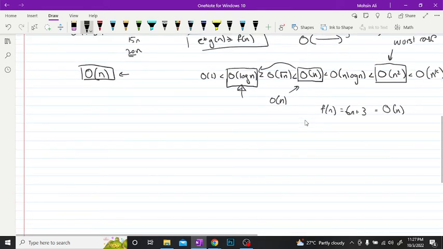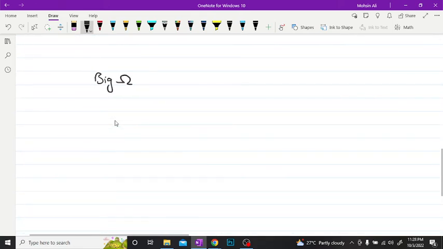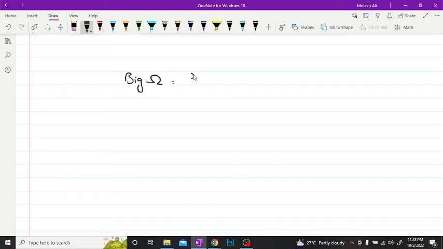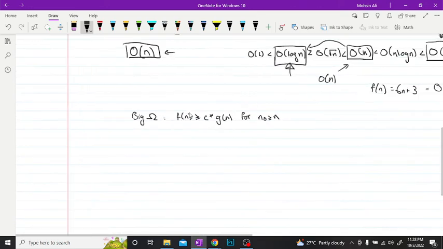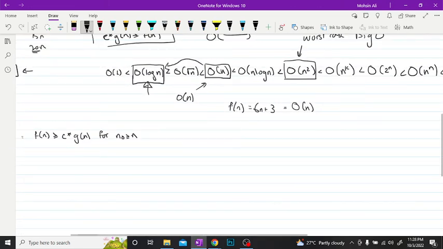Now, the concept of big omega is just the opposite of big O, and basically it says that f of n is going to be greater than or equal to some constant c times g of n for n greater than or equal to n not.